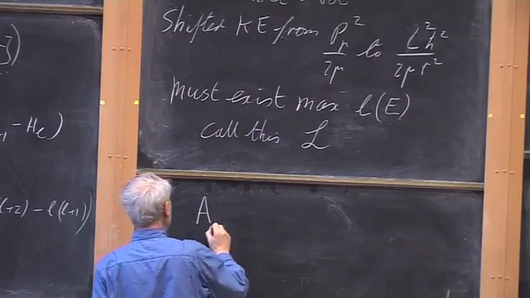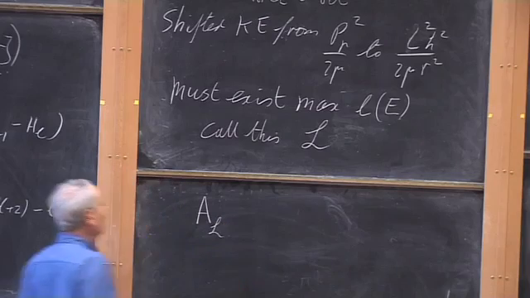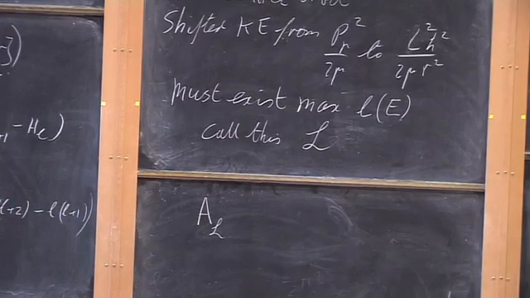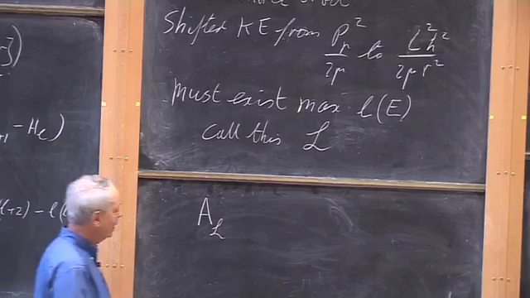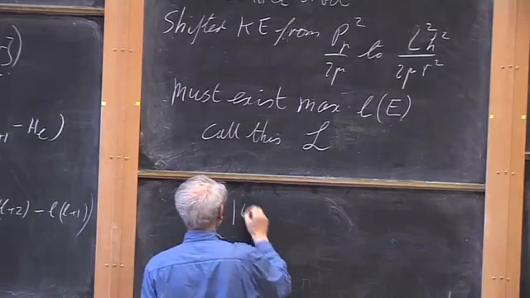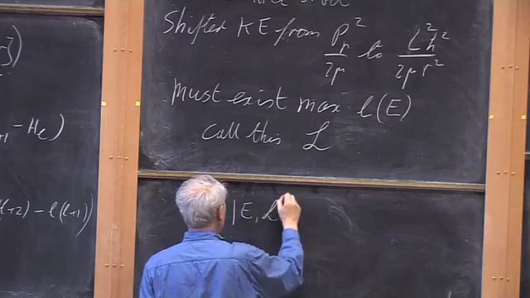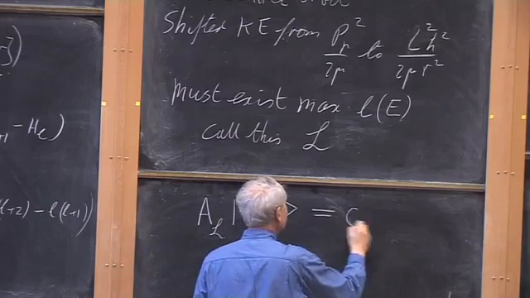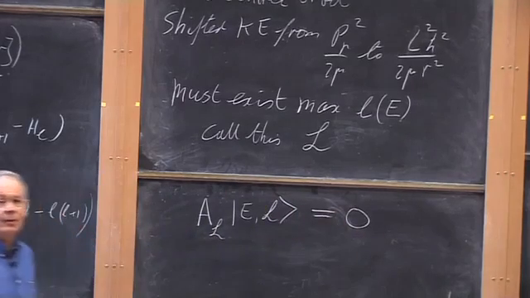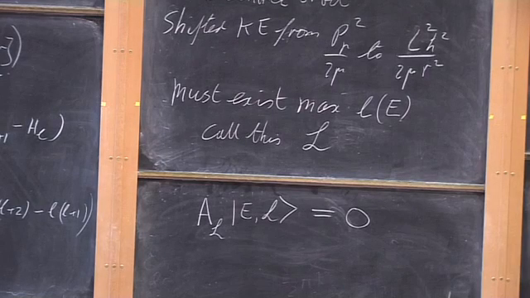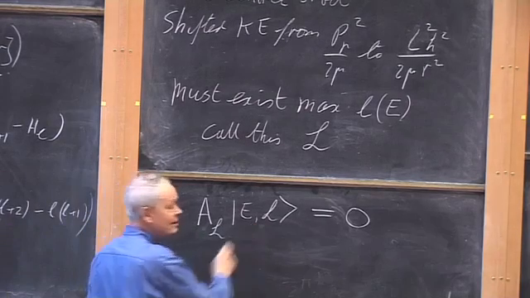That means if we take the circularization operator, A_L, belonging to this maximum angular momentum, and we use it on the state which has the maximum angular momentum for the given energy, what do we get? Nothing. That's the only way we can be prevented from getting a state which has even more angular momentum for the same energy, is if this operator simply kills this state.